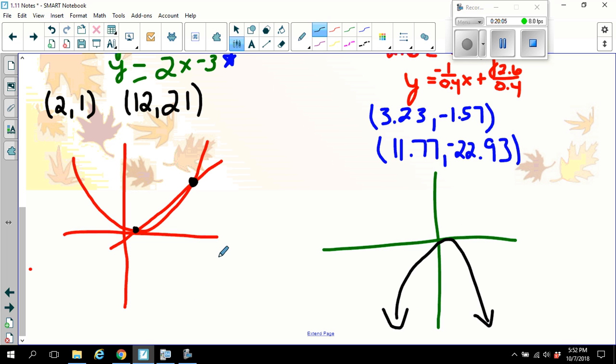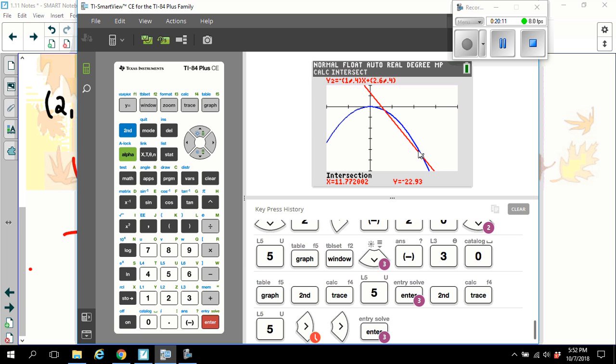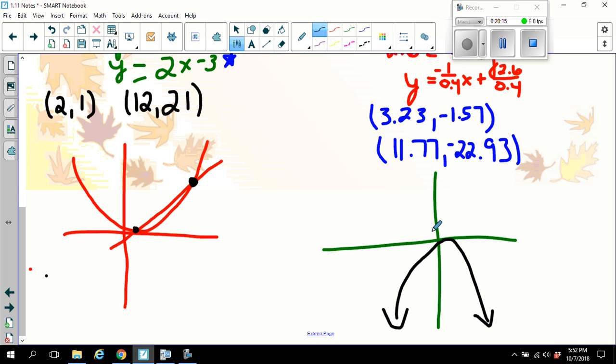I'm going to go back to my graphing calculator so I can kind of see what the linear equation looks like. So it's going down and it intersects twice. So I'll go ahead and do that. So 1 and 2. And that looks good enough since it's just a sketch. So these are the two places where the linear and the quadratic intersected.